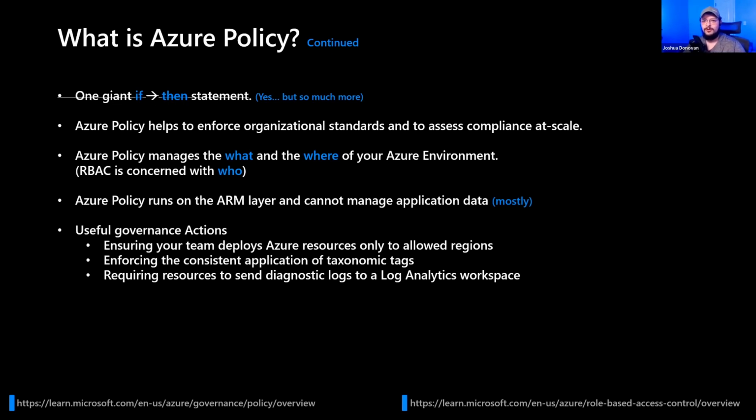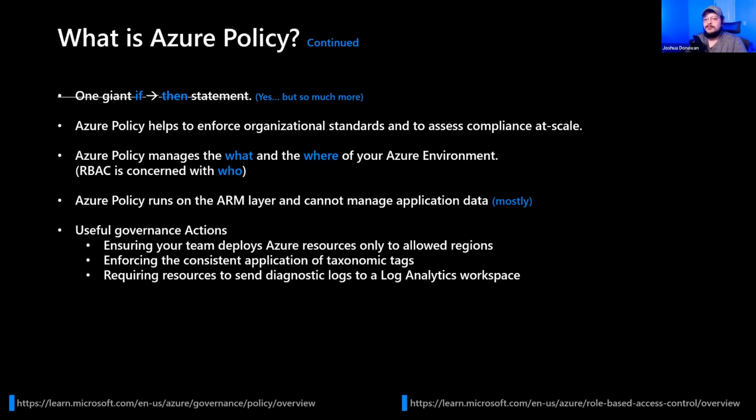That's going to be more of where you manage who is doing things. But as far as governing what is deployed, so let's say you don't want the super massive virtual machine deployed because of cost, you can use Azure Policy to say, no, don't deploy that. And then you can also manage the where things are deployed. So, you know, locations, which Azure locations do you want to be able to deploy to, and that kind of stuff. If you don't want things deployed outside of central US, you can totally do that.